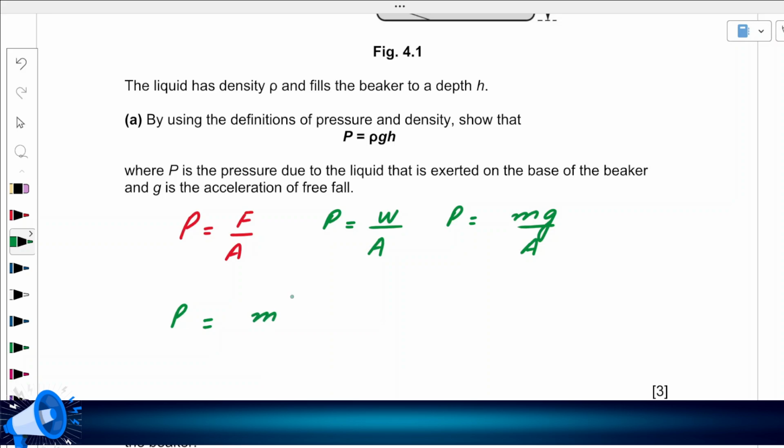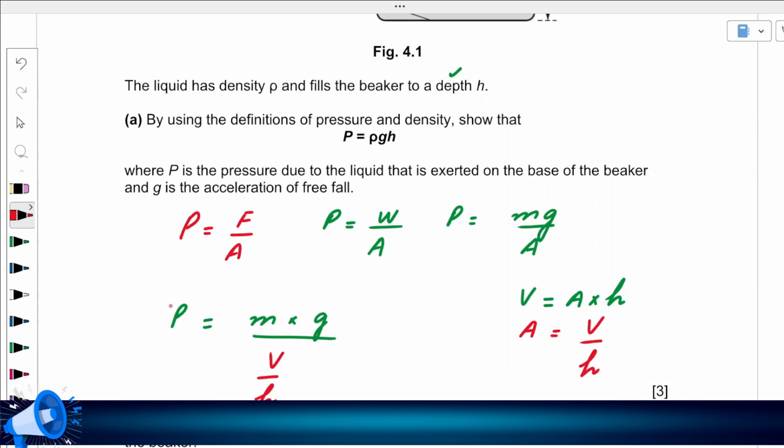mass times G. Area can be written as, you see, volume equals area into the length, which in this case is the depth. So volume equals area into depth, thereby area equals volume over depth. So volume over depth.